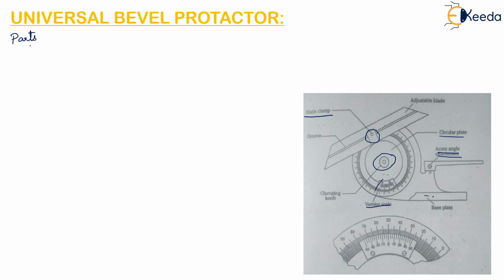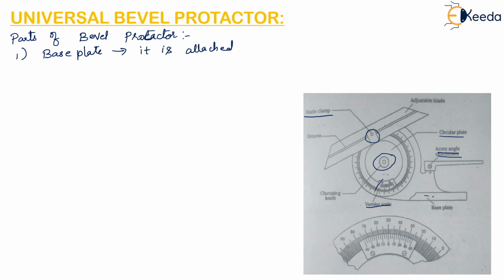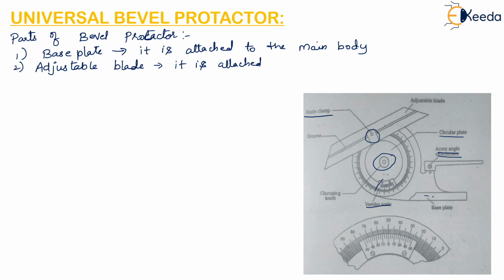So the parts of this bevel protractor are as follows. The first one is the base plate which is attached to the main body. And then there is an adjustable blade. It is attached to the circular plate which has the vernier scale.